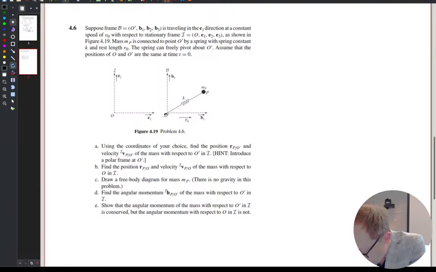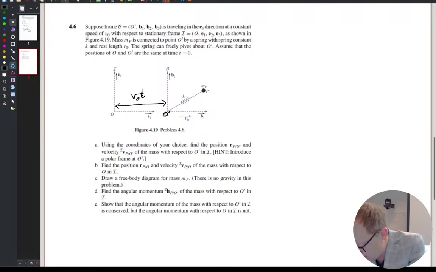This O prime is moving away at a constant speed, and attached to that O prime is a spring, and this mass is moving around. We're not solving for what the motion is, but I can tell you, based on how this is set up, it's going to be some kind of ellipse around that O prime.